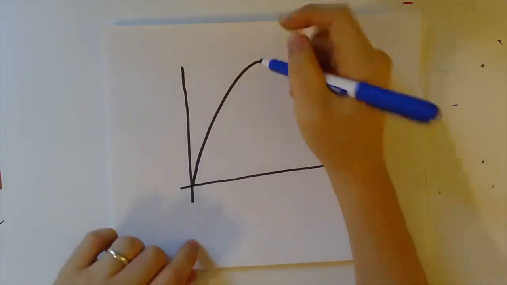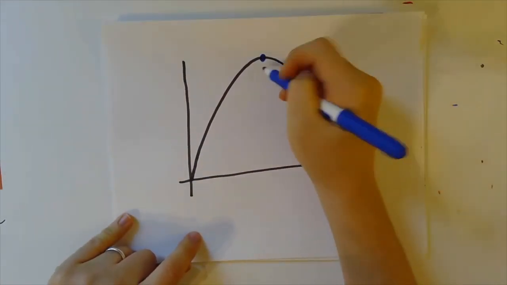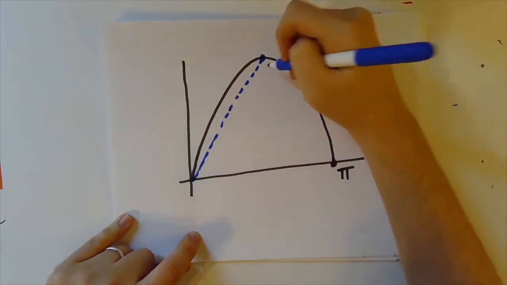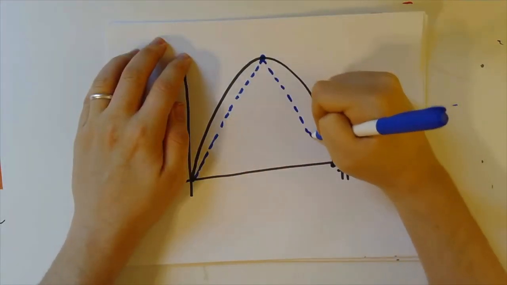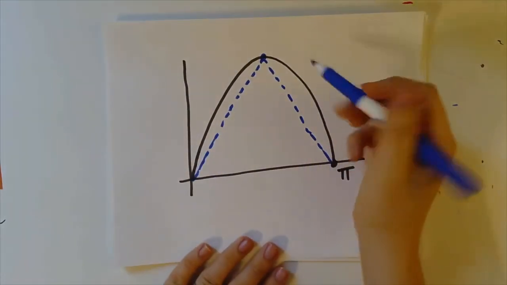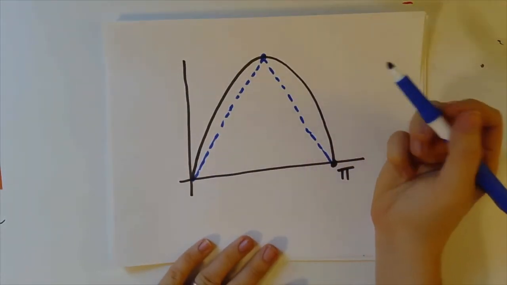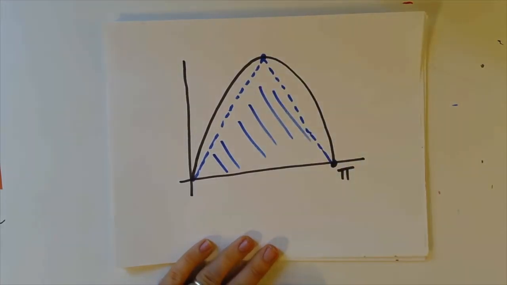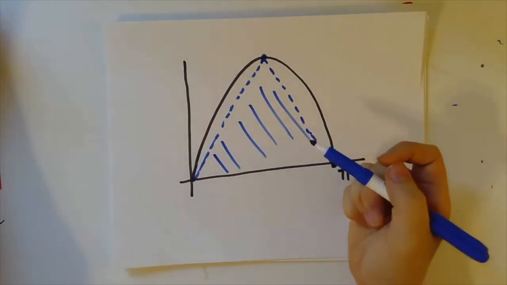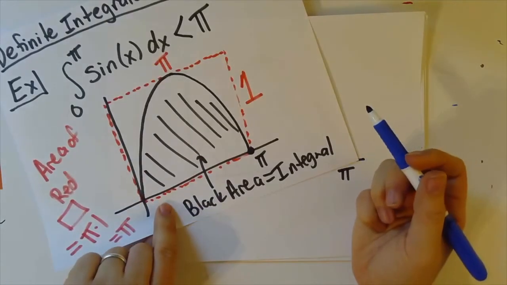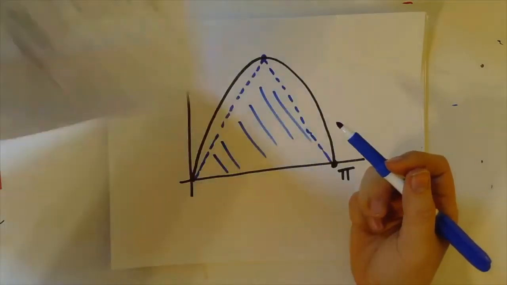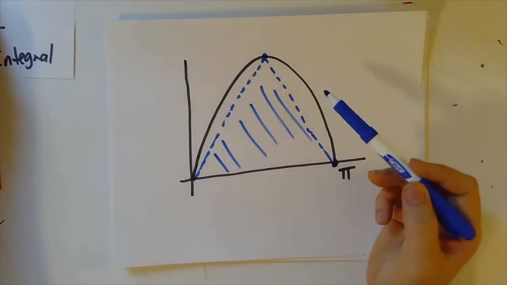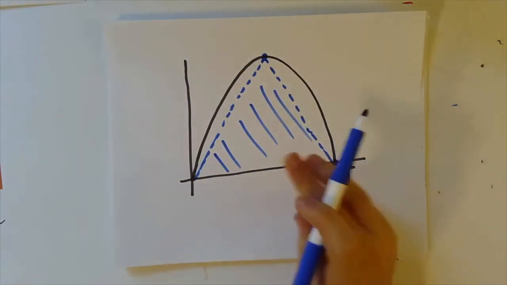In this case, I'm going to draw in a triangle. The area of this triangle is contained entirely within the black area from the previous graph, so this blue area is less than the black area.